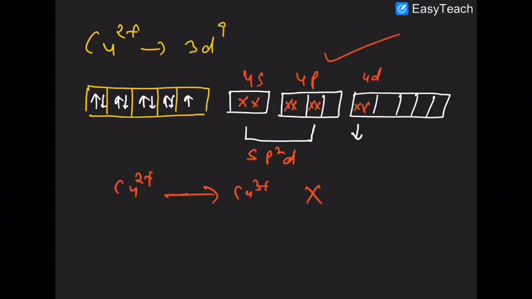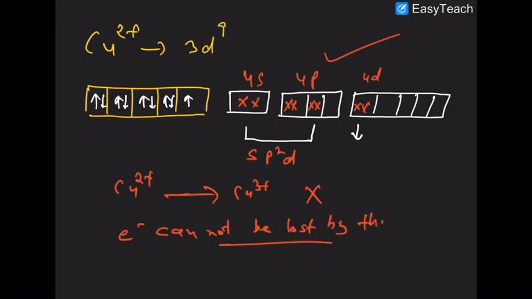Because of copper plus 2, in this way the electron cannot be lost. This electron will not be lost, and you have sp2d orbitals.